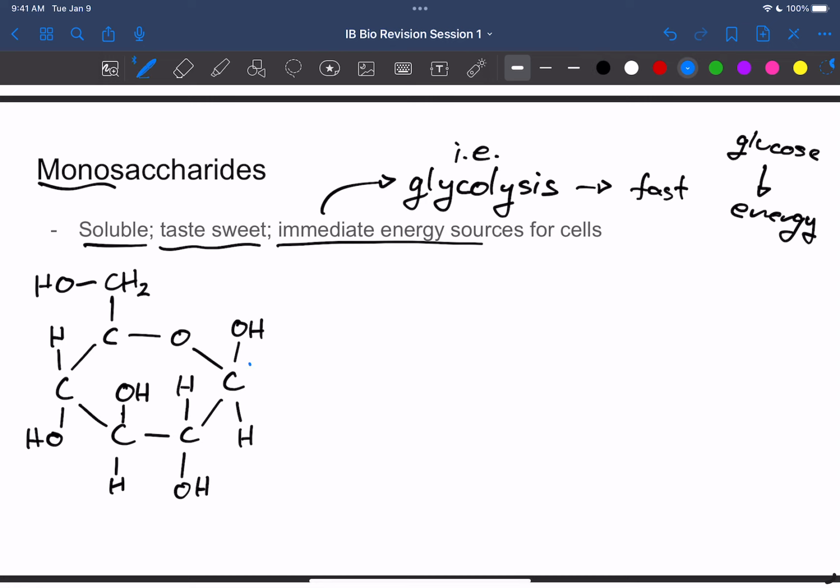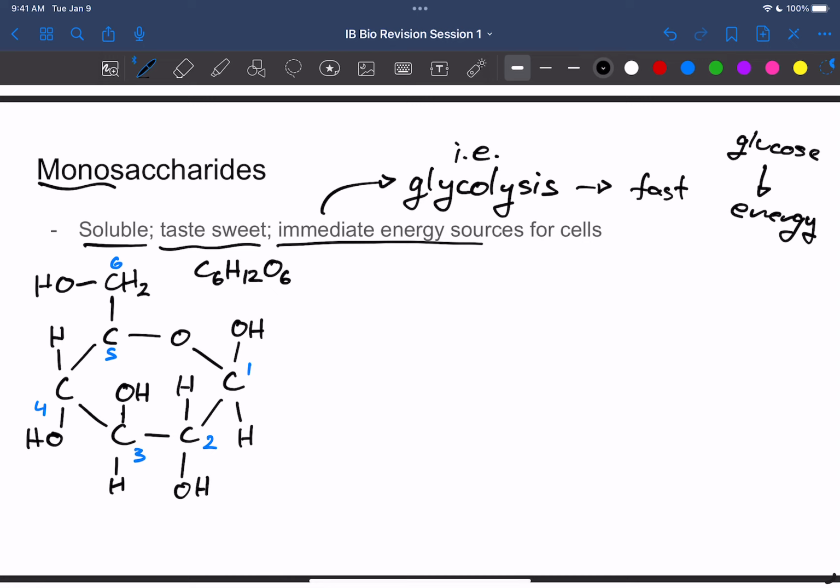It starts on the right: carbon 1, carbon 2, carbon 3, carbon 4, carbon 5, and carbon 6. So this gives glucose a formula of C6, because there's 6 carbons, H12, you can just count the hydrogens, and O6: 1, 2, 3, 4, 5, 6.